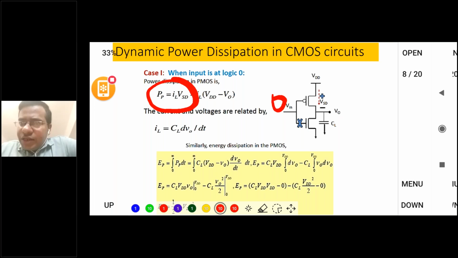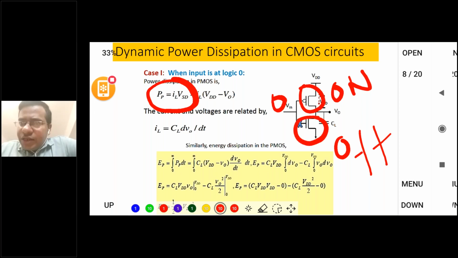Switching state means which transistor actually works. If the input logic is 0, the PMOS is on and the NMOS is off. Clear? You know this very well.